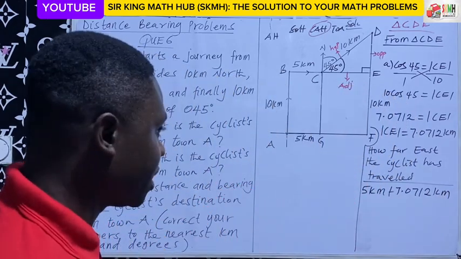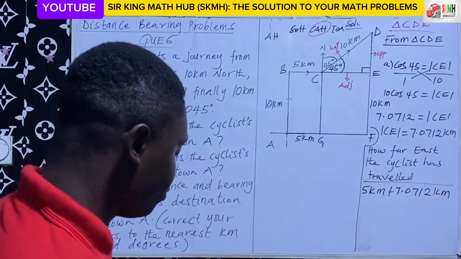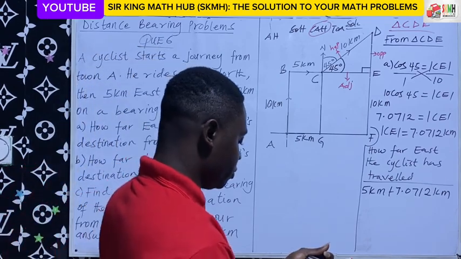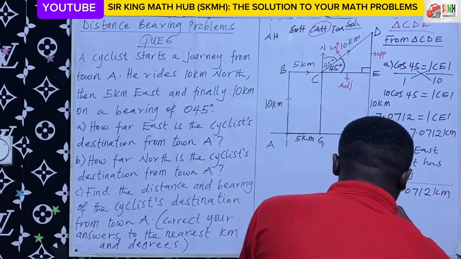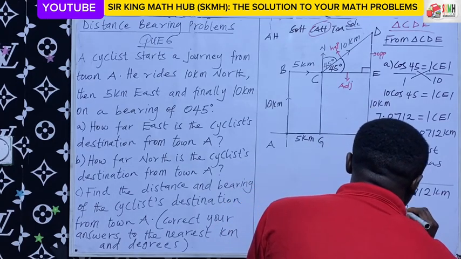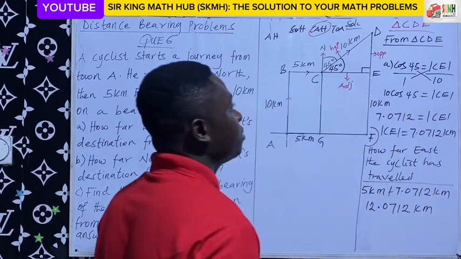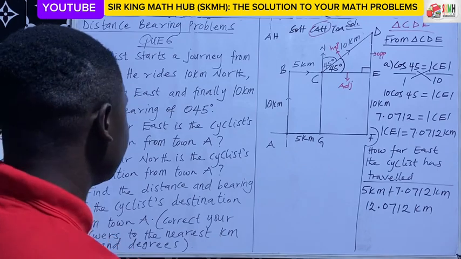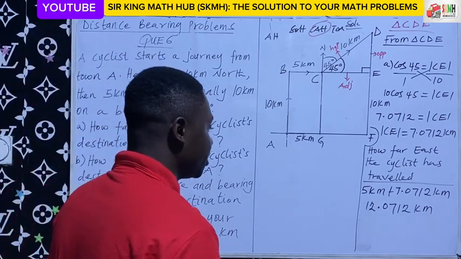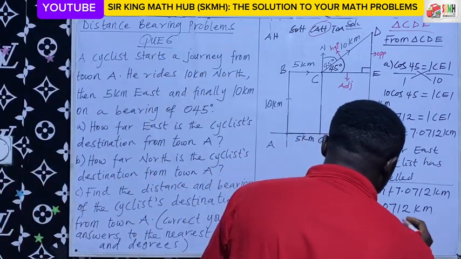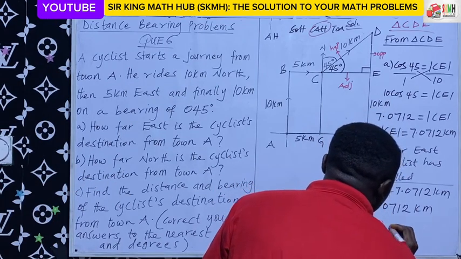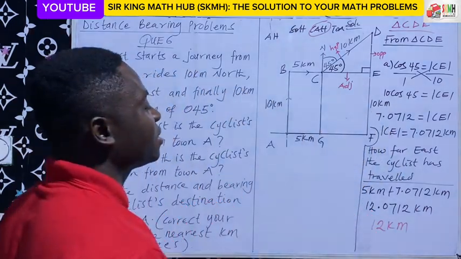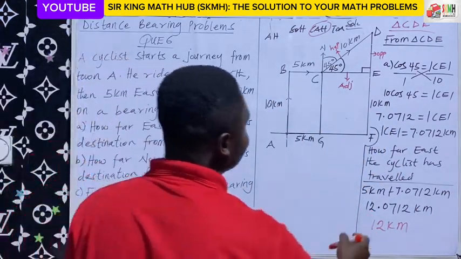So what is 5 kilometers plus 7.0712? So 12.0712 kilometers. But we were told to correct our answer to the nearest kilometer. So to the nearest kilometer, that is 12 kilometers. So that is the A part, how far east you have traveled.